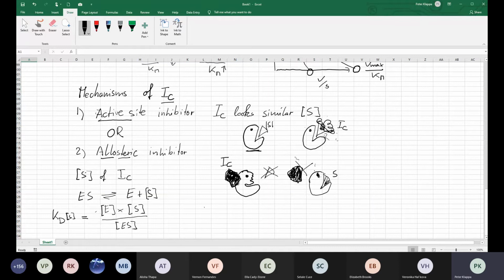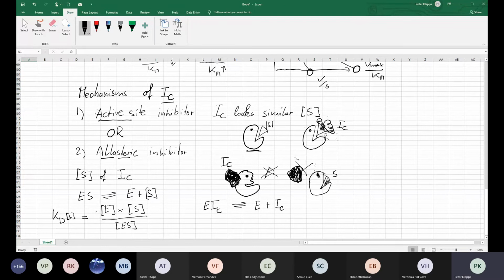And we can do exactly the same for our inhibitor. We have an enzyme inhibitor complex, E plus inhibitor.